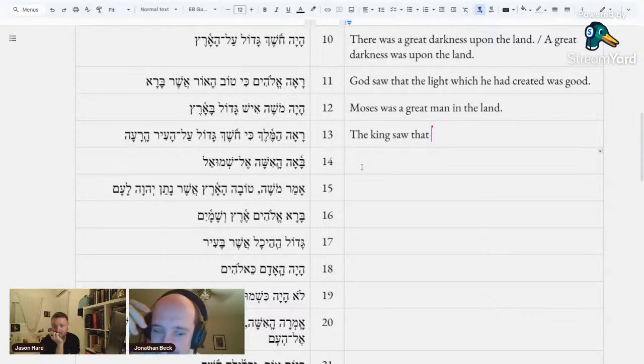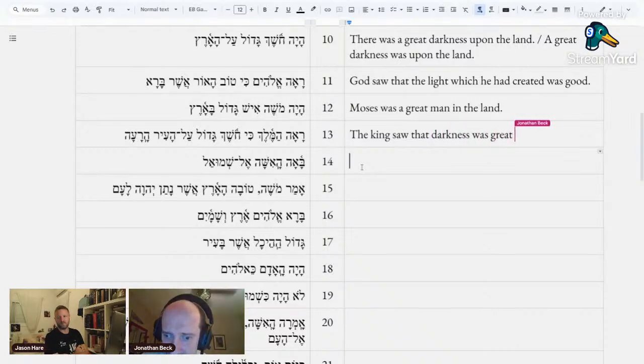Is that what you said earlier? Yeah, it seems like it's missing haya. Ra'ah hamelech ki haya choshech gadol. So ki choshech, literally, that darkness was great upon the land. It's not land. Upon the evil city.